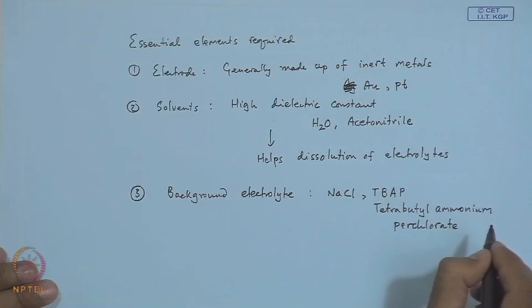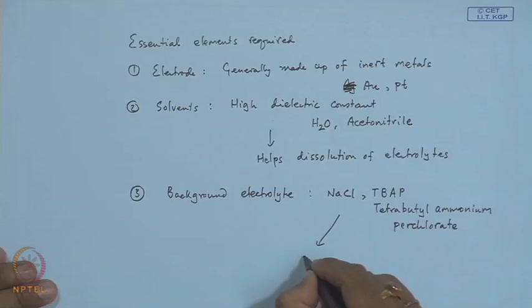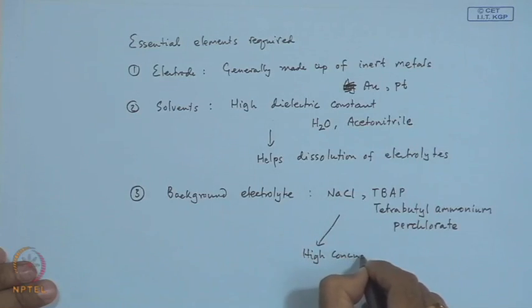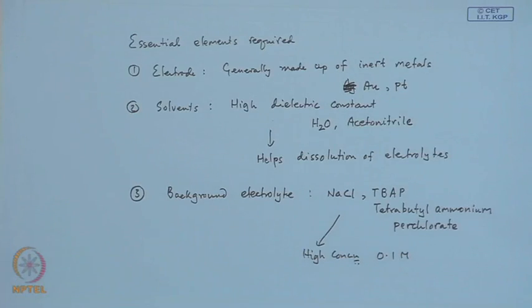These are generally added in high concentration, of the order of 0.1 molar. This will allow the current to pass through.